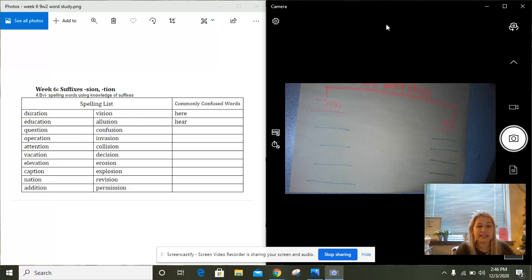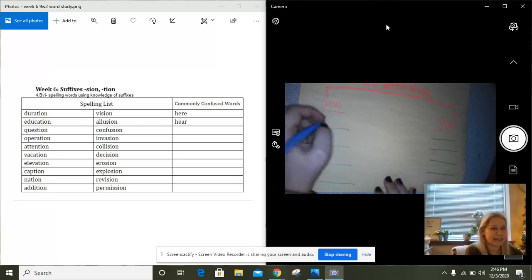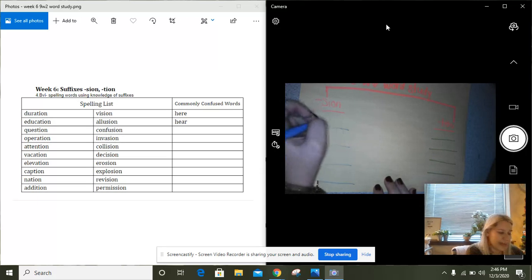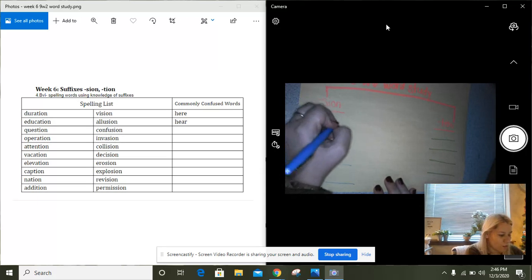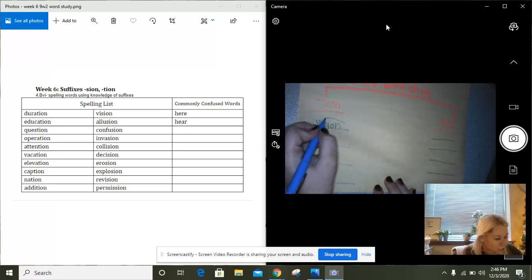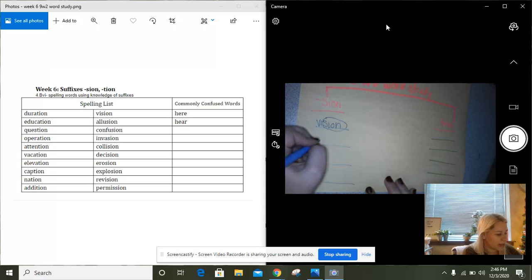If you look, it's basically the right side of our list. So we're just going to write vision, and then I'm going to circle SION. Let's look at this one.